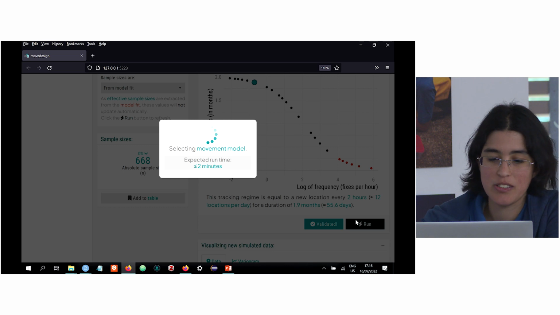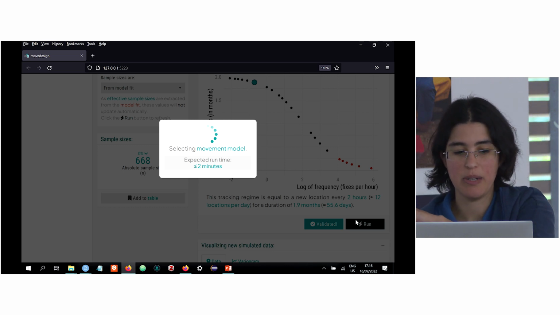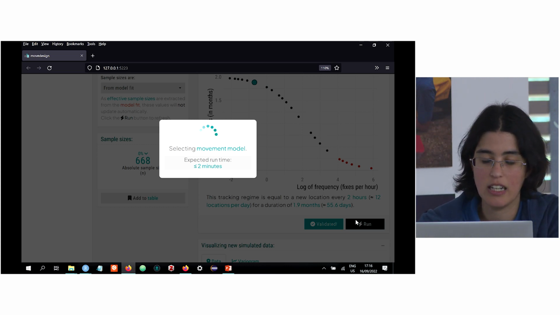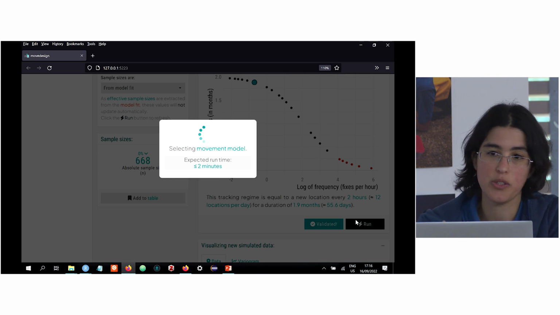Again, remember that you do have some information about the position autocorrelation and the velocity autocorrelation parameter. So we know those values.